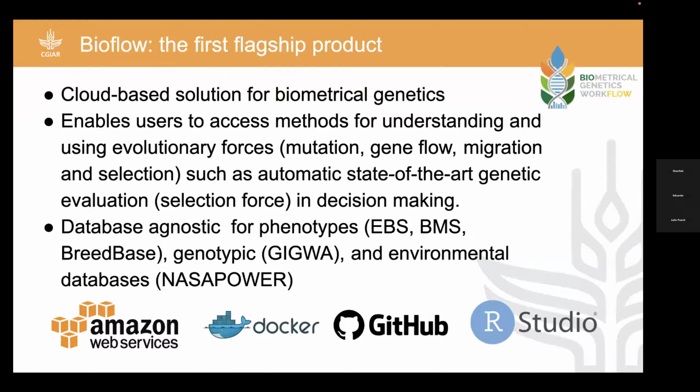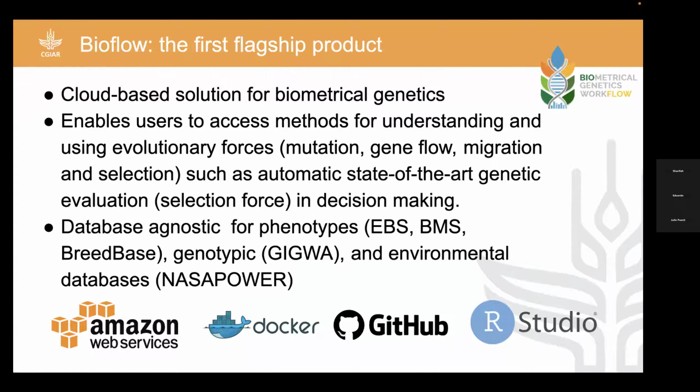What exactly is Bioflow, which is the first flagship product? It was possible, like I said, by the investment of Breeding Resources, but also through the Crops to End Hunger money, and the support from USAID and the Gates Foundation. This is a cloud-based product, a solution for biometrical genetics, that enables users to use what we know currently about evolutionary forces for selection decisions or decision-making.